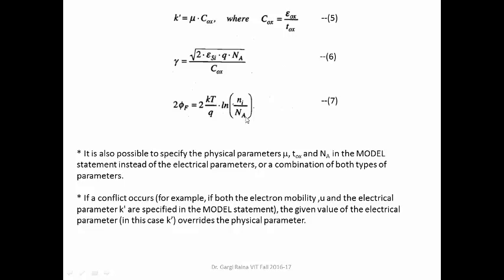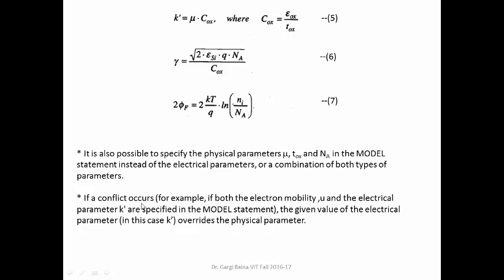It is also possible to specify the physical parameters mu, Tox, and Na in the model statement instead of the electrical parameters, or you can specify both the physical parameters as well as the electrical parameters.